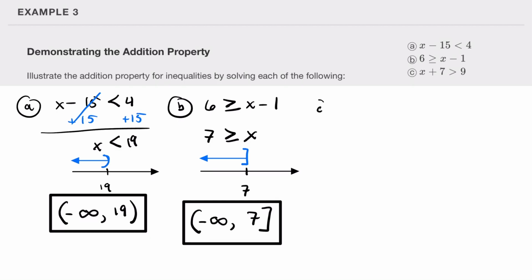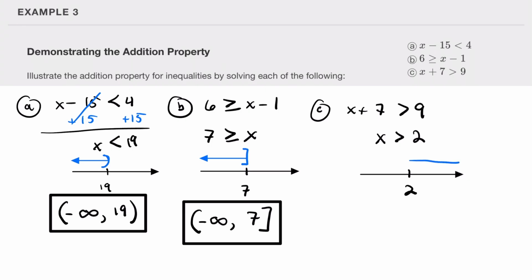And then for C, we have x plus 7 is strictly greater than 9. Subtract 7 on both sides. That gives 2. Again, the easiest way to see this is a quick graph. If the alligator eats the bigger thing, that means our numbers are bigger than 2, so our numbers go off to the right.